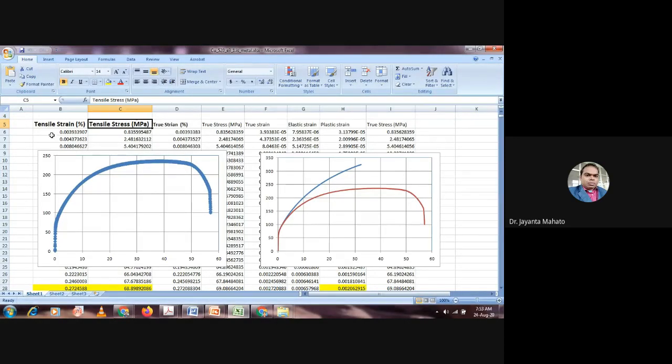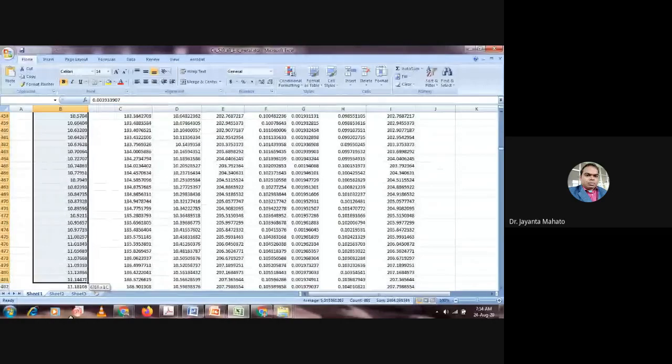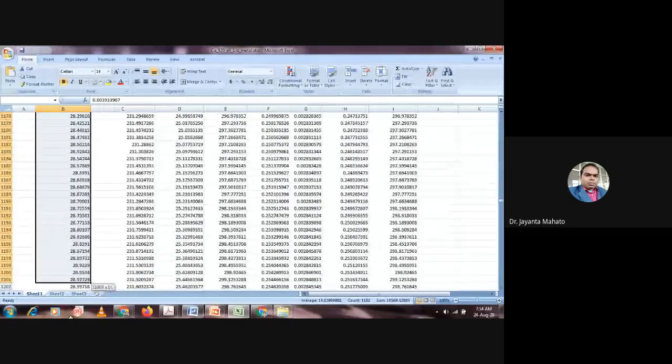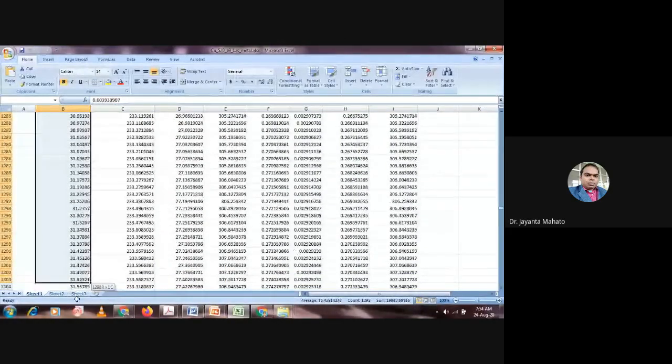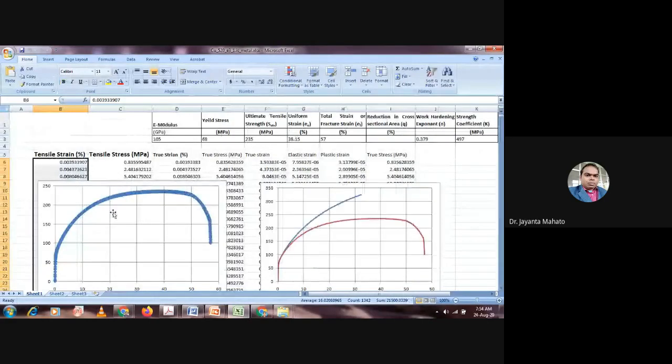So during the testing, this tensile stress column, actually you are increasing this value. You are controlling this value. The column I have selected now, you are increasing this value by giving the command to the machine.